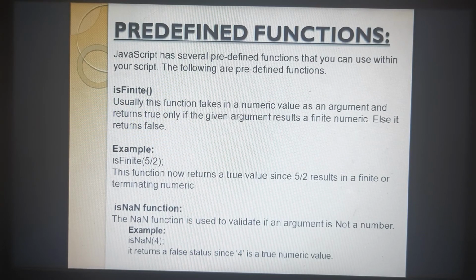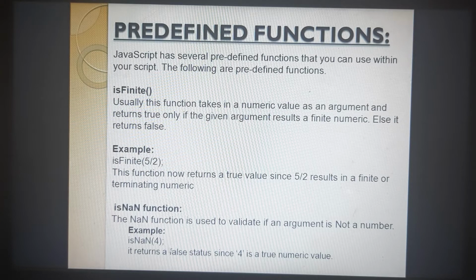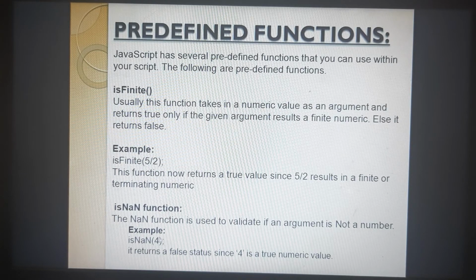If a number is specified in the function, as you can see in the example, isNaN 4, it returns the result as false because 4 is a numeric value.